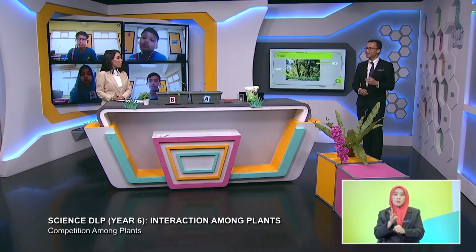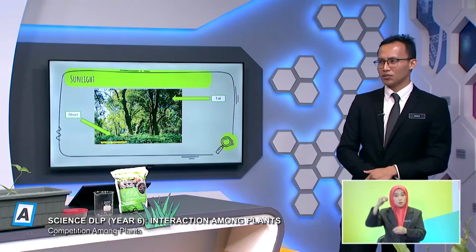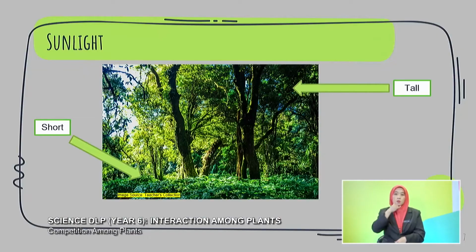Next is sunlight. Shafika, if you look at this picture, what do you see? I see trees, but I also see different heights of trees. Yes, so this is the forest or the jungle. In the jungle, you will usually see trees that are really high up, or really stunted.